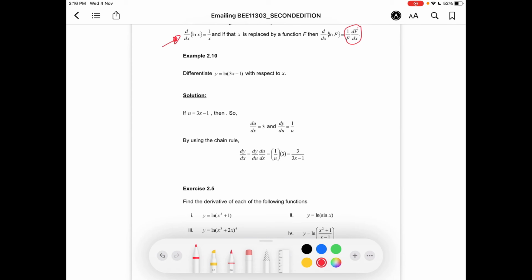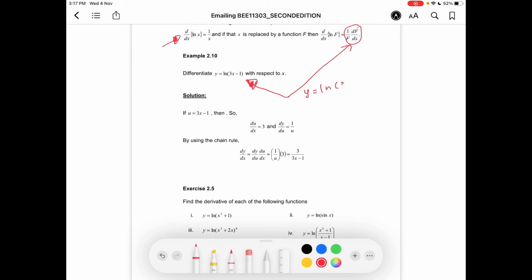You may look quite confused, but it's okay. Why don't we link this formula with an example? We have y equals ln of 3x minus 1, and you need to differentiate it with respect to x. Let u be 3x minus 1, so again we apply the chain rule.